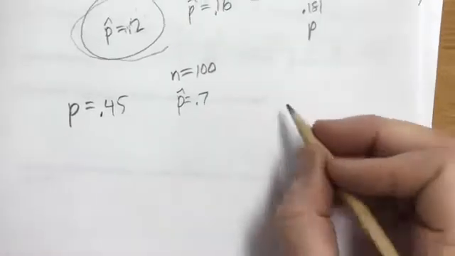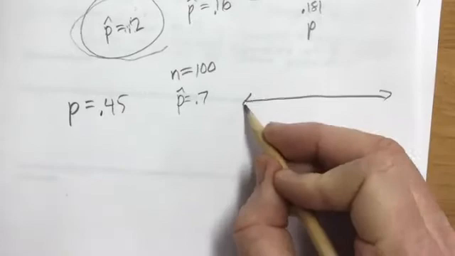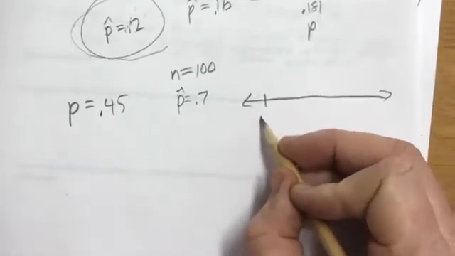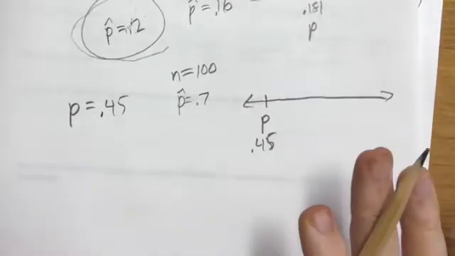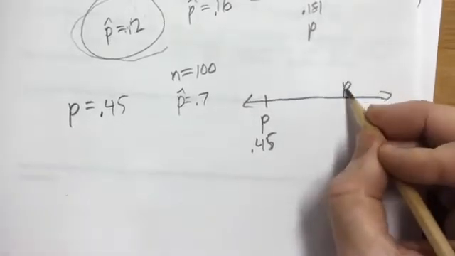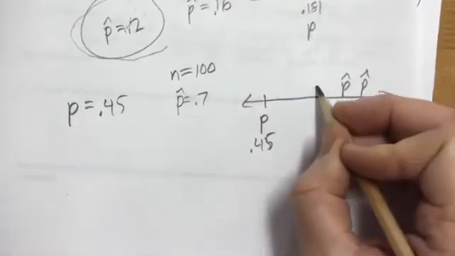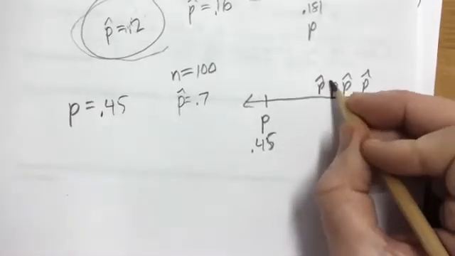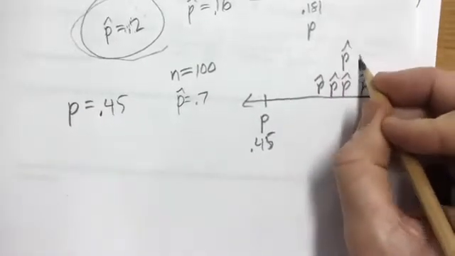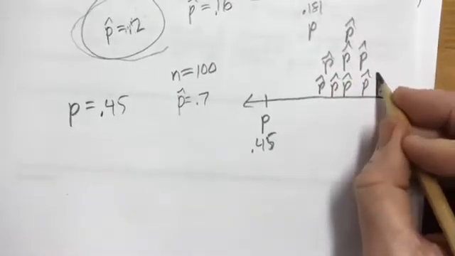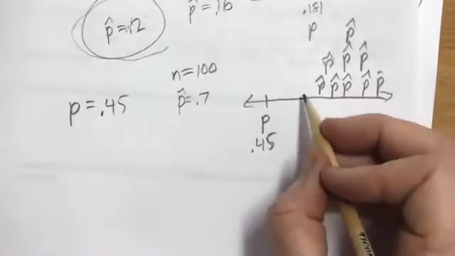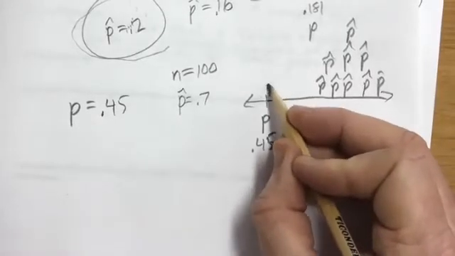And if I did this again and again and again, it'd be creating my sampling distribution. So here's the true population value, 0.5, but I'm using a biased technique. And so all my possible values of P hat are too high, okay? To where the average of my P hats is going to be off of the true value. It's centered in the wrong place. Now, there may be like one value of P hat that's close, okay?